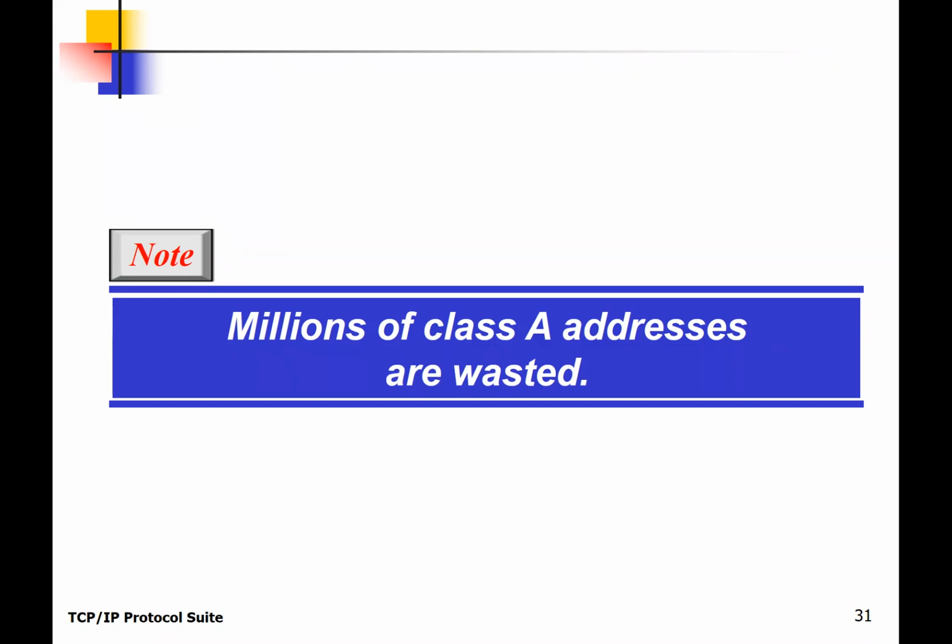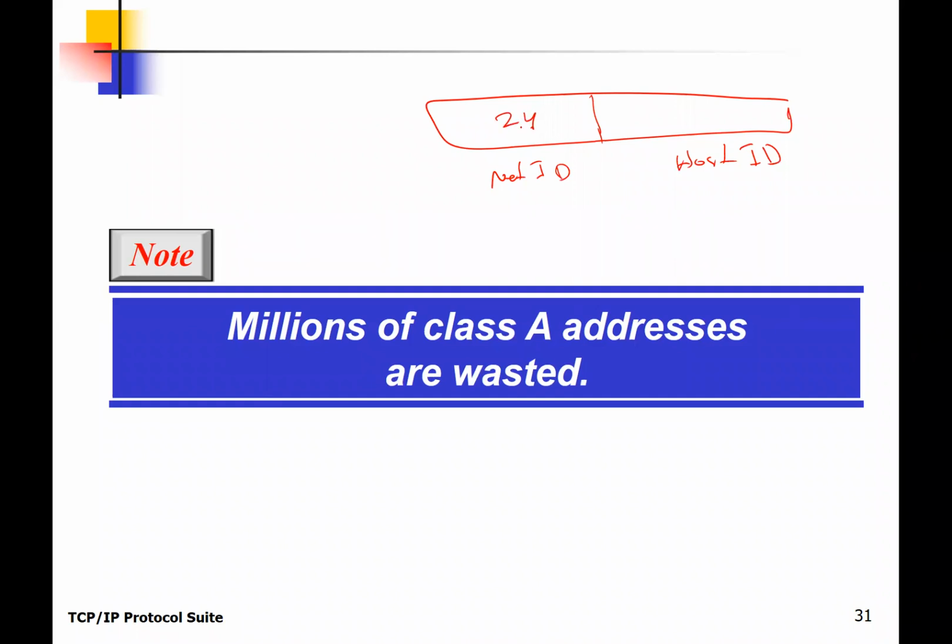Now let's go to class B. Let's do it here because it's usually easier. So for class B, how do we divide the network ID, net ID and host ID? How many bits do we need here? We have 24, correct? No, 16. We'll have 16 and 16 here, correct?